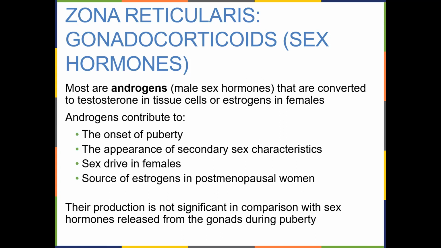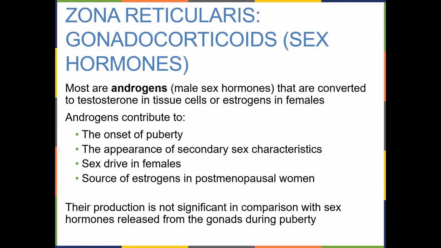Adult body stature. The androgens are the trigger for sex drive in females. And they are also the source of estrogen in postmenopausal women, because once a woman goes through menopause, her ovaries shut down and don't produce estrogen anymore. So the androgens tend to be a smaller source of estrogen for them.